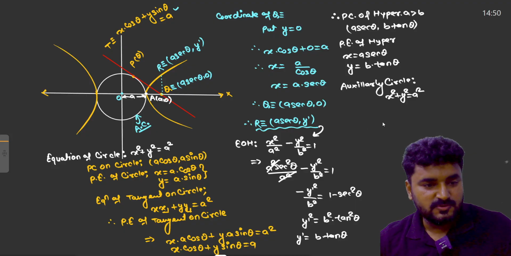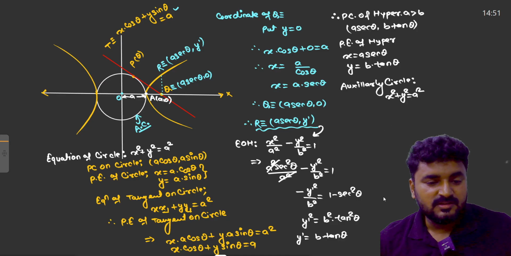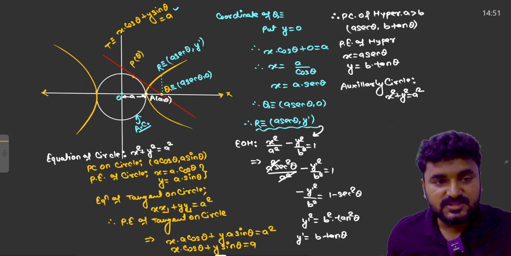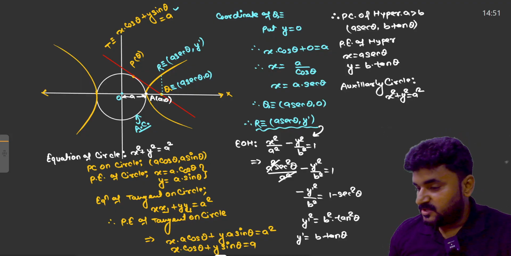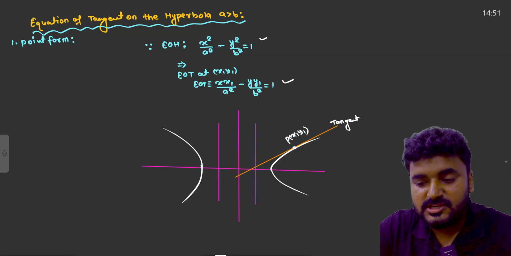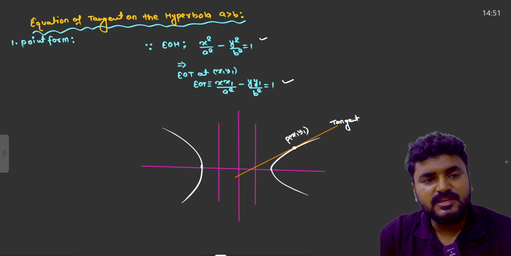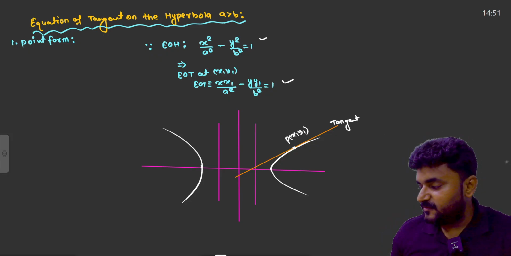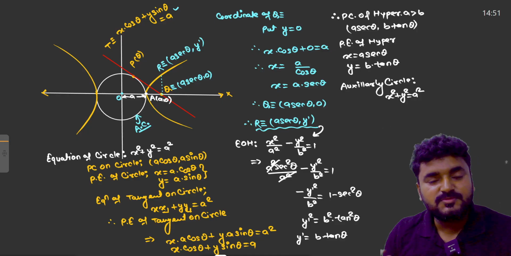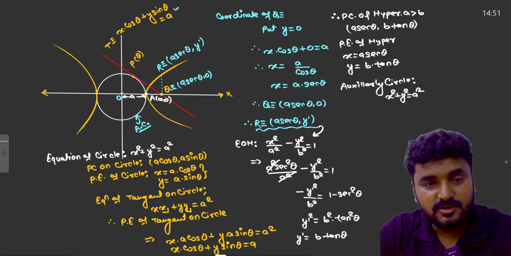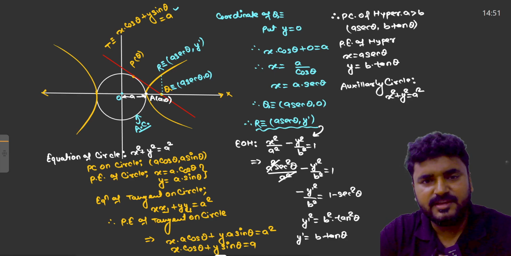I think you understood. So therefore let us see the next topic, that is the tangent in the form of parameter. In the last topic you have seen the equation of tangent on the hyperbola when a is greater than b in point form. So again we are going to see the equation of the tangent on the hyperbola in parametric form.